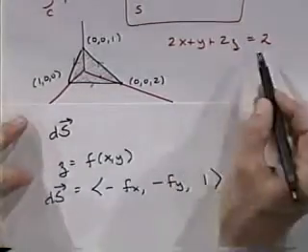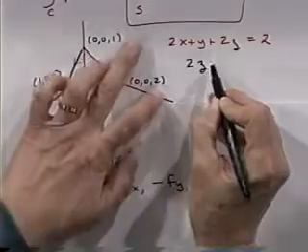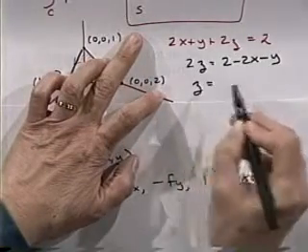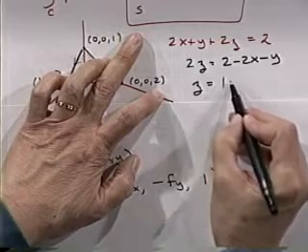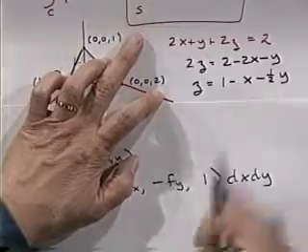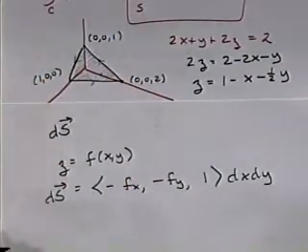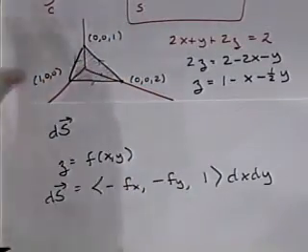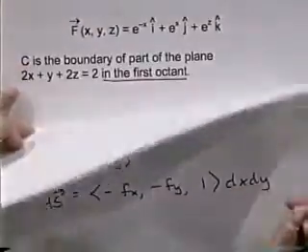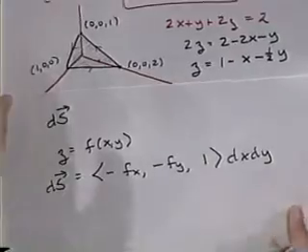So here, we can solve for z. The surface was given by 2x plus y plus 2z equals 2.